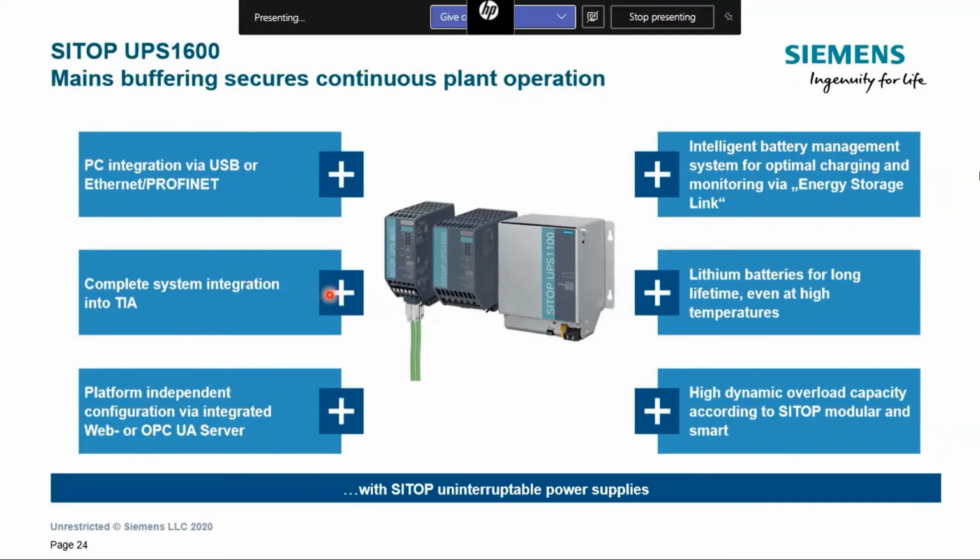And it is completely integrated into TIA portal, which means that you can completely engineer it inside TIA portal. It has an integrated web server as well over the Ethernet port. So all the parameters and configurations can be done from there as well.